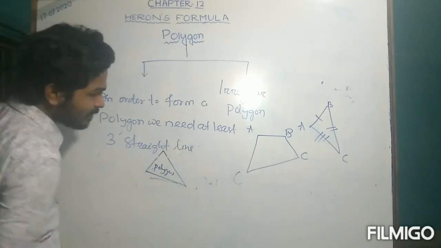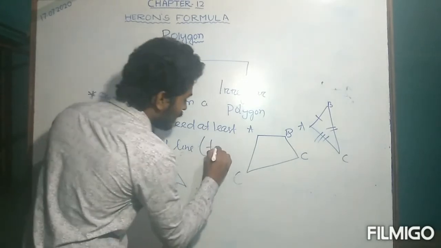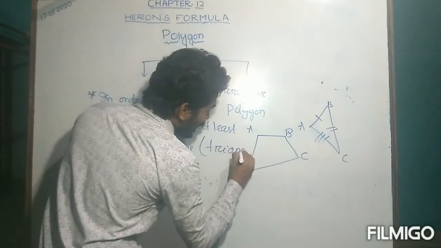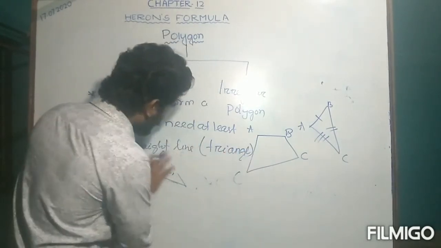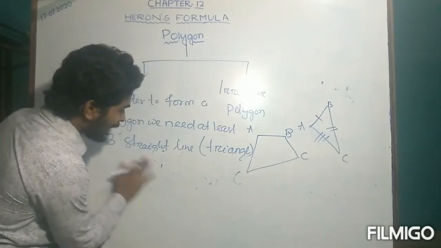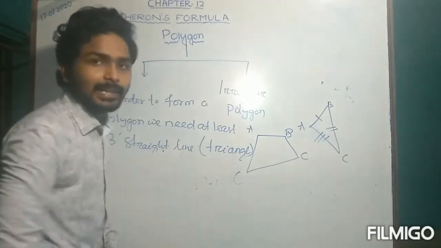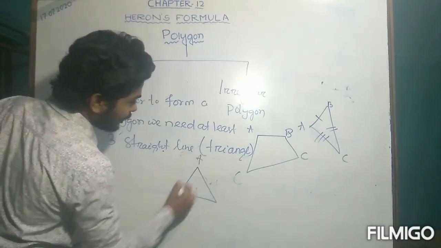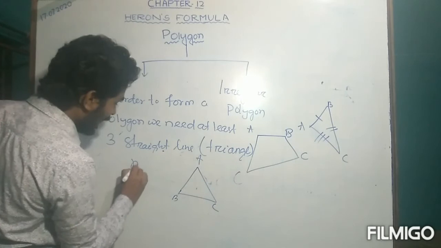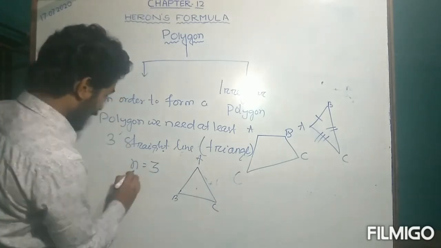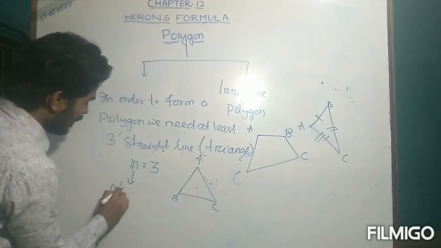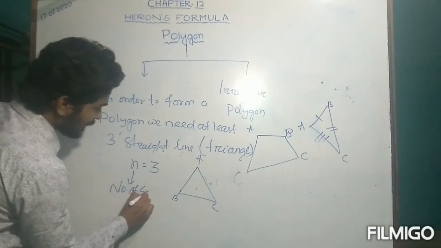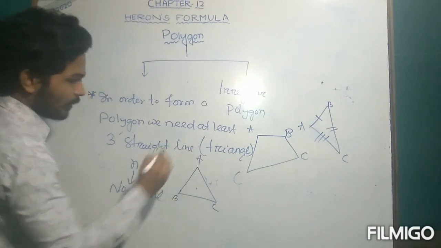That figure is known as a triangle. So in case of a triangle, here the number of sides is 3. So we can write n is equal to 3. n means number of sides.